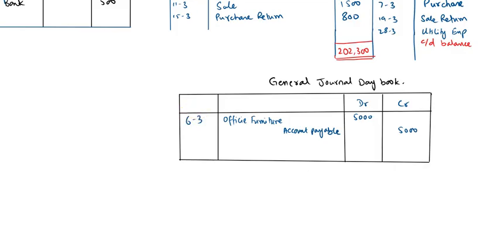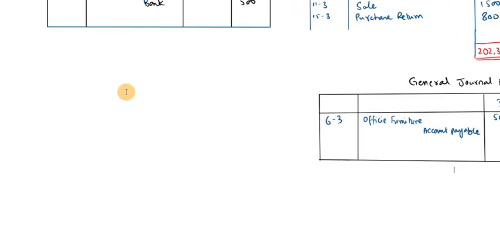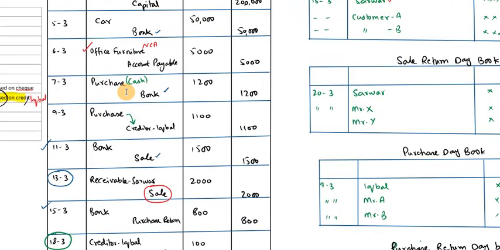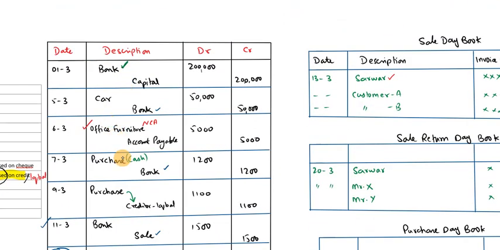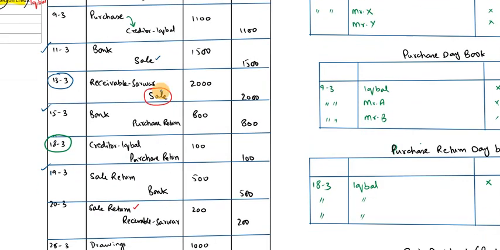So let's find another entry. There is no involvement of sale return or purchase return. So office furniture purchase, this is cash purchase, this is the purchase day book entry, this is the cash sale transaction. So sale credit, this is a credit sale transaction, this is a bank transaction, cash book transaction, credit purchase return transaction, this is the sale return, cash sale return, this is the credit sale return transaction.